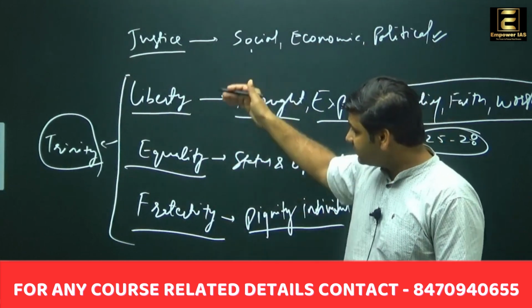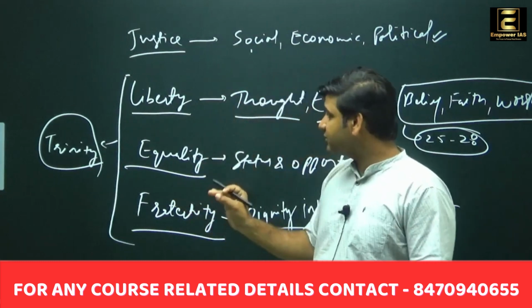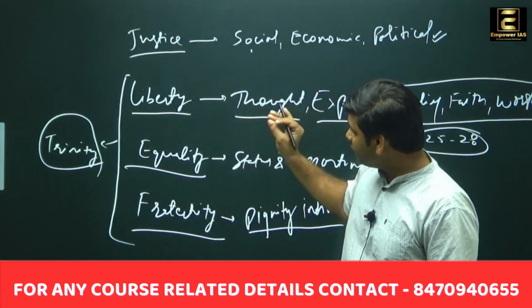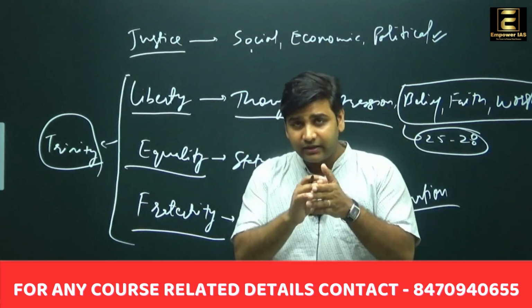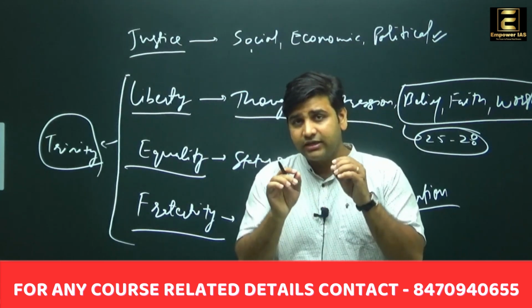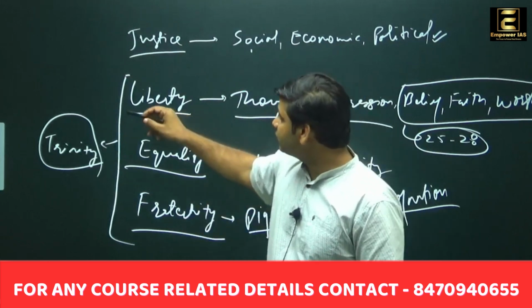And how will these three be practiced, or how will they remain a trinity, and how is it ensured that they are not separated from one another? It is only through justice.